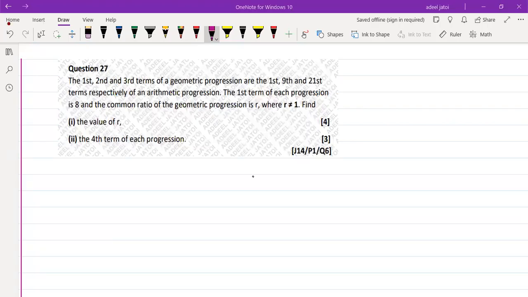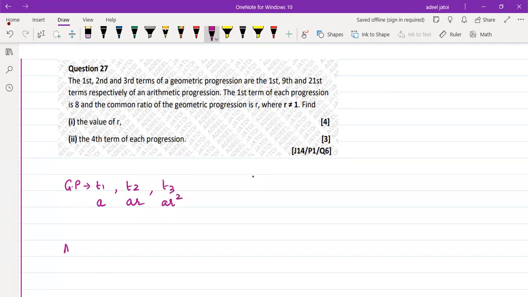Okay, this question is from June 2014, paper 1, question number 6, question 27 from the book. The first, second, and third terms of a geometrical progression are the first, 9th, and 21st terms of an arithmetic progression. In a GP, T1 is always A, T2 is AR, and T3 is AR square.